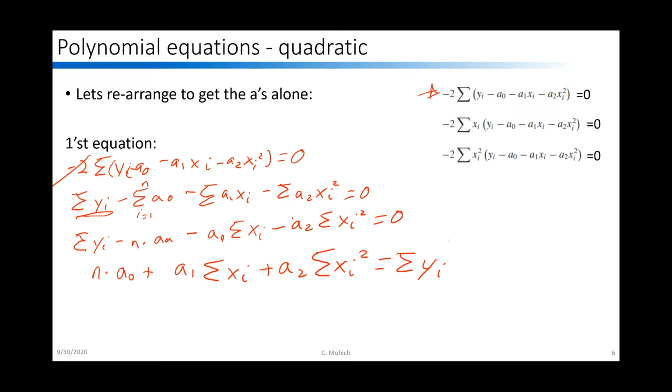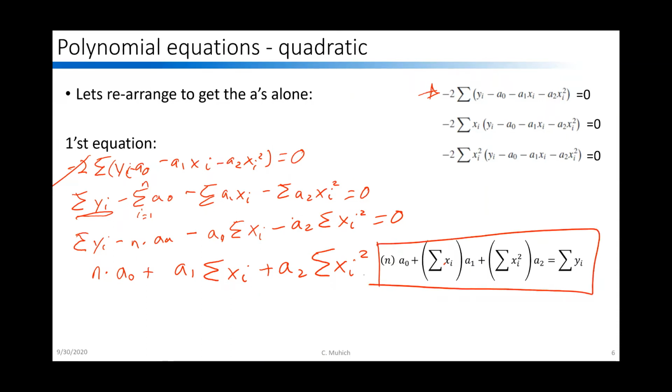So this is going to be the first equation that we're going to use to solve for the different constants A0, A1, and A2. Great. This is our first equation that we're going to use to solve for these coefficients.